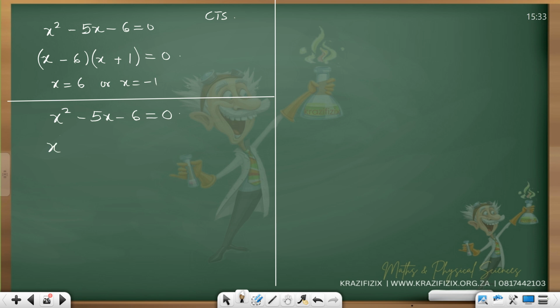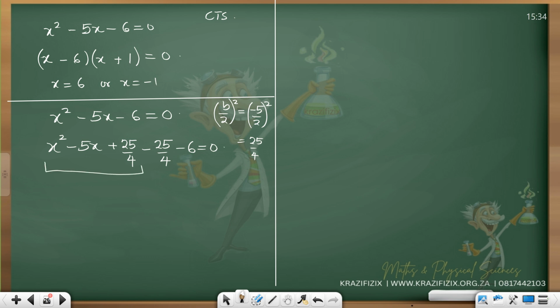Okay, look at this. X squared minus 5x. What is my b? B over 2 all squared. My b is negative 5 over 2, and that is 25 over 4. That is what I'm adding and subtracting. So we're going to add 25 over 4, we are going to subtract 25 over 4, and I have a minus 6. Perfect square trinomial.